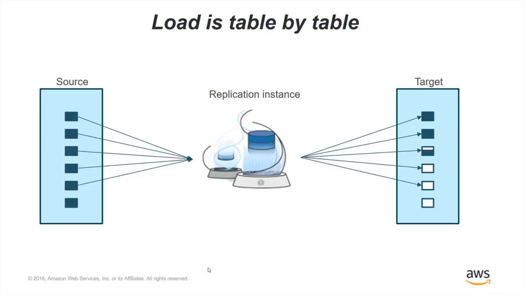So in DMS, the migration is basically done table by table. You create the tables on the target database, you set up the metadata required by these target tables, and then you use our DMS replication instance to populate the data from the source. Each process will load one entire table.